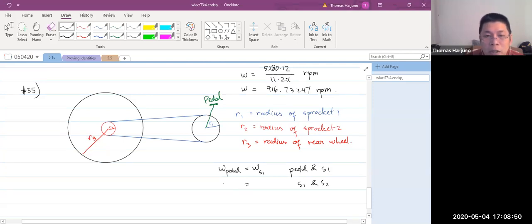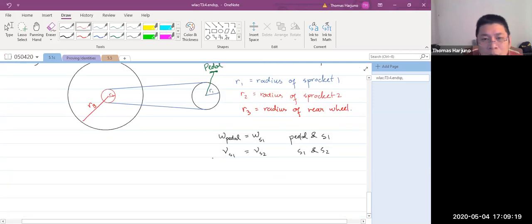You will see that the linear velocity will be the same, because they are related by a chain, right? Whatever distance the first sprocket travels will be equal to the distance the second sprocket travels. If I go on further, you will get omega 1 R1 equals omega 2 R2.